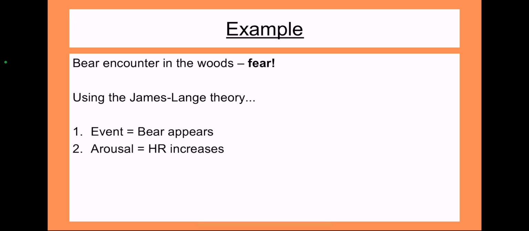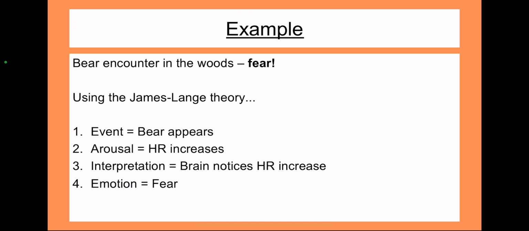The arousal is that maybe the heart rate will increase, we'll start breathing more, maybe we'll get goosebumps and our hairs will stand on end. Our brain will then go through the process of interpreting that, so it will notice all of those changes, and then the brain will realise that we've entered an emotional state of fear. It's taking emotions and looking at them in a completely new way that we never really thought about before.